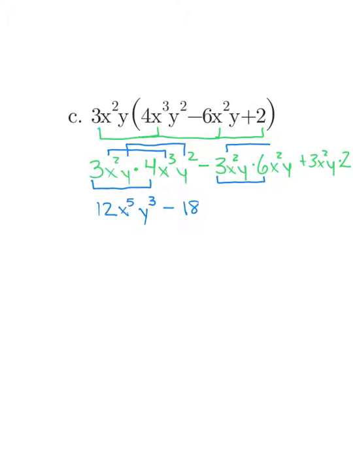X squared times x squared, add your exponents, we get x to the 4th, and y times y is y squared. And for the last term, we get 3 times 2 is 6, and keep the variables. So we get x squared y. We cannot combine anything, and so we are done.